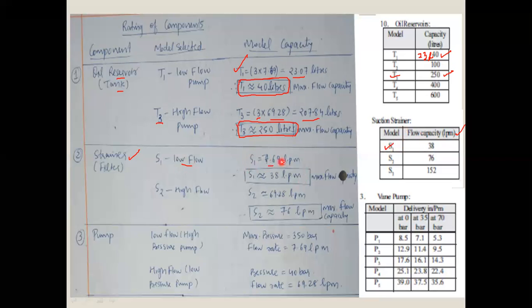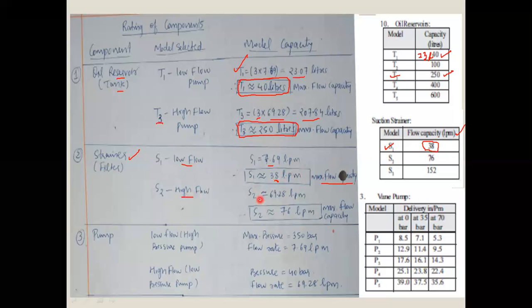S1 has a maximum flow capacity of 38 liters per minute. Whatever model I select, that is the value I have to consider for the maximum capacity, so the maximum flow capacity is 38 liters per minute for the low flow pump.